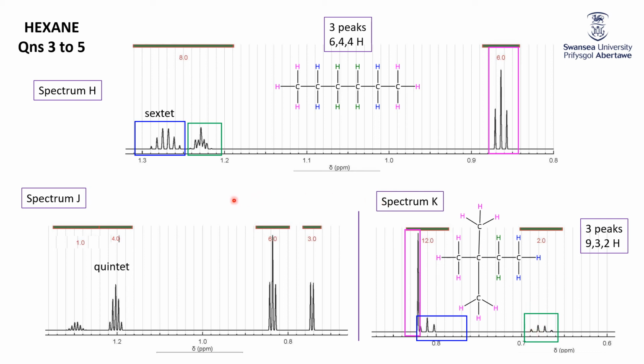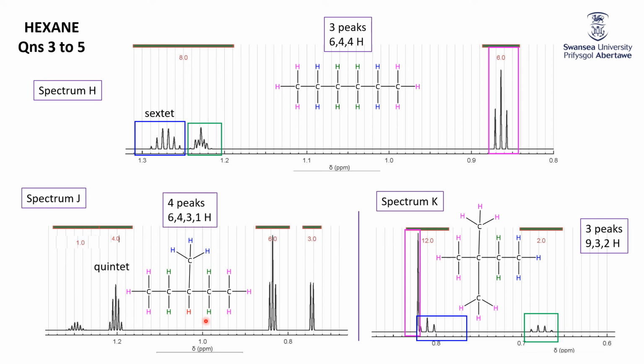Anyway, the last spectrum is spectrum J, and that's got 4 peaks, which unambiguously identify it as being associated with the 3-methyl pentane. Going through these, the first one that we'll do is the blue. These are 3 hydrogens that are attached to a carbon that's got 1 hydrogen, because we see it split into a doublet. 1 plus 1 is 2.